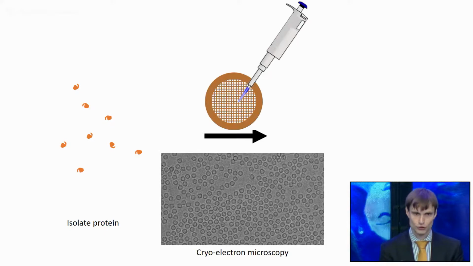Then, with different structural methods, it can be structurally characterized. One of these methods is single particle cryo-electron microscopy. The isolated protein is placed on a sample carrier, rapidly frozen, and individual particles of this protein complex are imaged. Then computationally, all these individual images of the protein complex can be combined to form a three-dimensional structure of the protein.